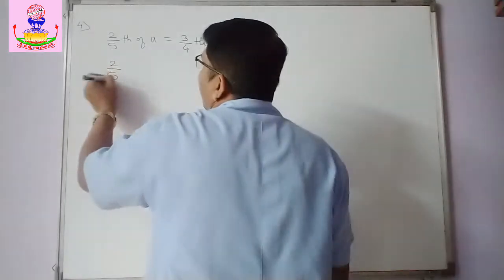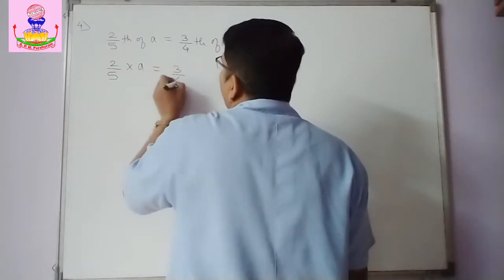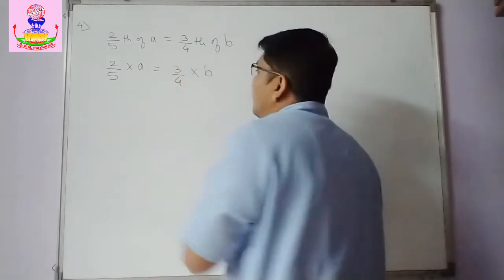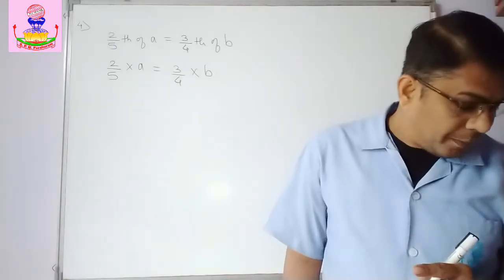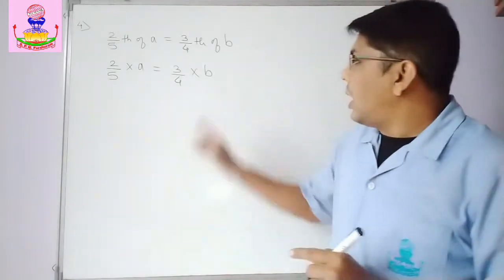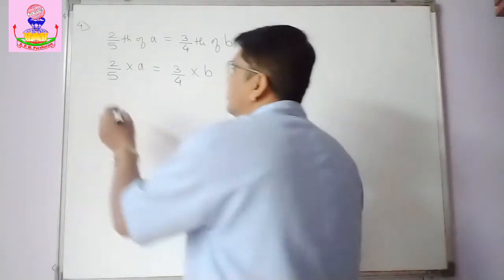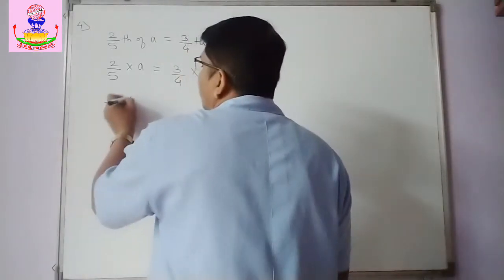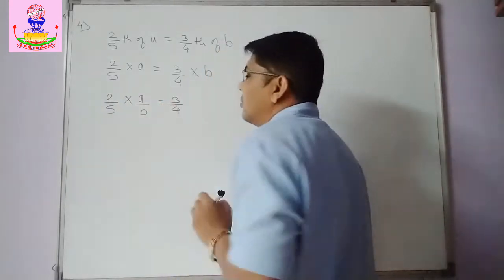So 2/5 into A is equivalent to 3/4 into B. Now I want to find the ratio of A to B, so I'll bring this B to this side. When it comes to this side, it will be in division. So 2/5 into A upon B is equal to 3/4.